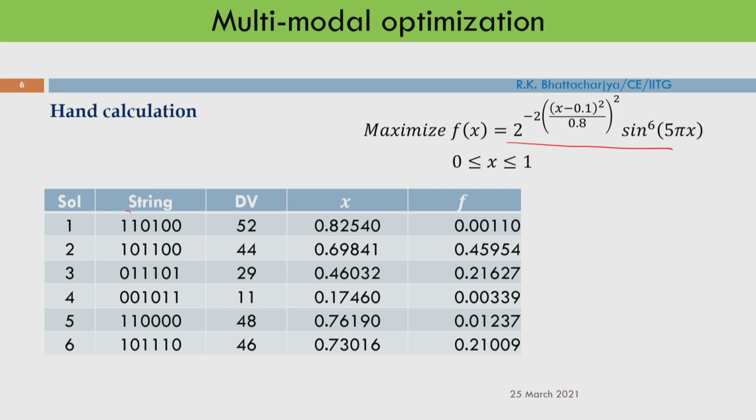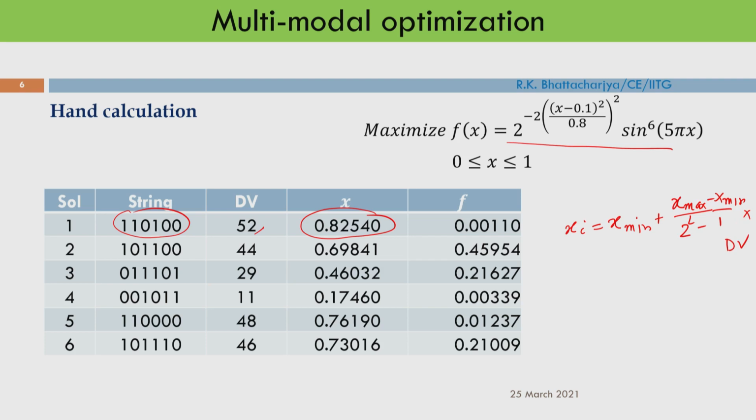So, this is the first string, that is 110100, and the decoded value is 52 and the real value is 0.82540. So, how we have calculated, that is x_i, which is equal to x min plus (x max minus x min) divided by 2 to the power L minus 1 into the decoded value of that particular string.